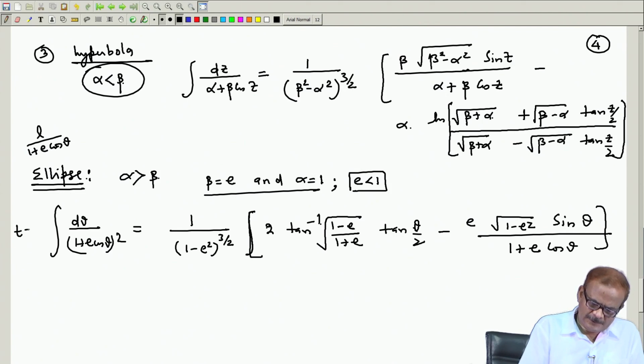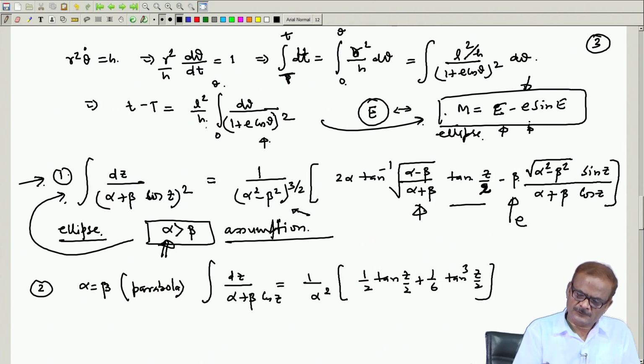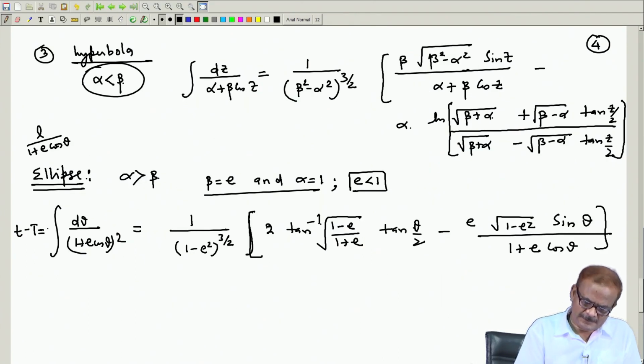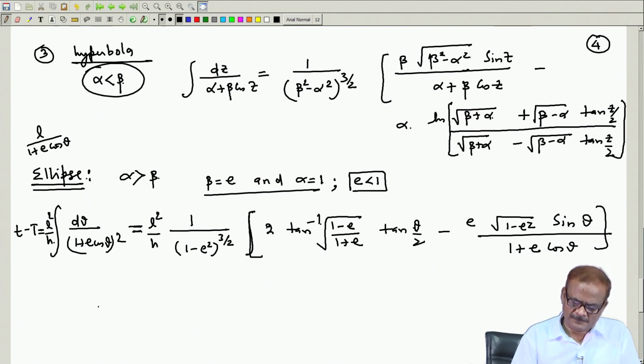And of course, this quantity is t minus t naught, and we also have the quantity L square by h present in this case, L square divided by h. So, on this side we have to multiply it by L square divided by h. So, we rearrange this part, just this part we have to rearrange to work it out.